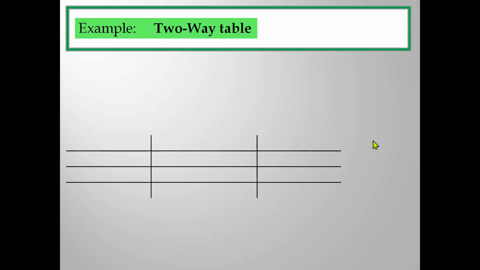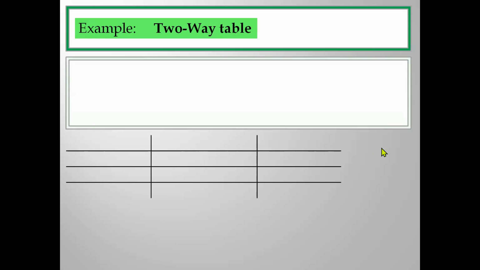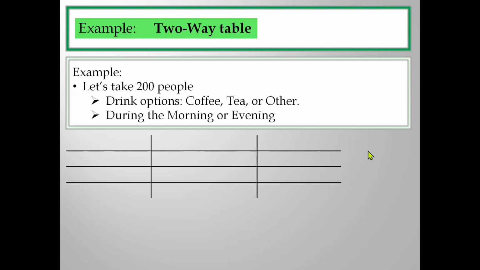Let's create an example of a two-way table. We're going to arbitrarily take values of 200 people as our individuals. Our first category would be drink options with coffee, tea, or other in each of our rows, followed by our second category as time options with morning and evening for our columns.